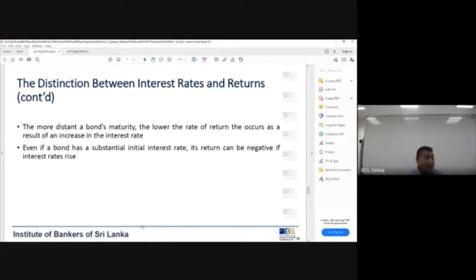But interestingly, if this is longer in duration, the impact from an interest rate increase is much stronger on the price compared to a shorter duration bond, where an increase in interest rate has a reasonably lower impact on the price. Okay, so even if a bond has a substantial initial interest rate, let's say a higher initial interest rate, generally when you buy at a very high interest rate, the probability that interest rates further increase is lower.